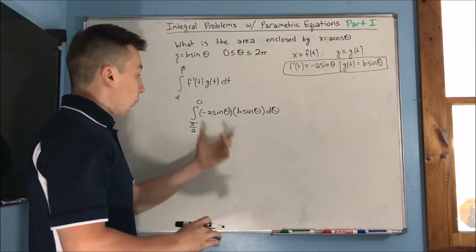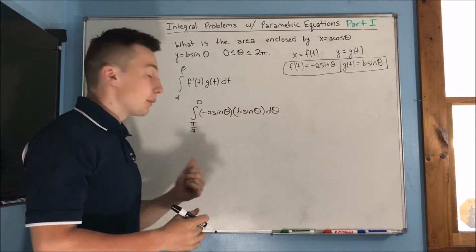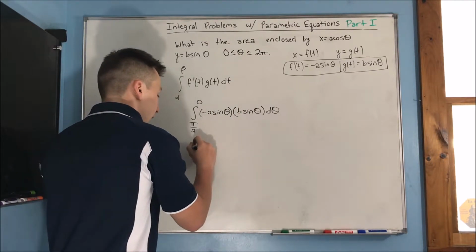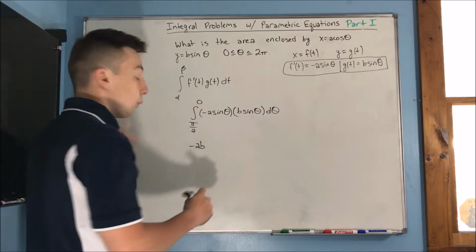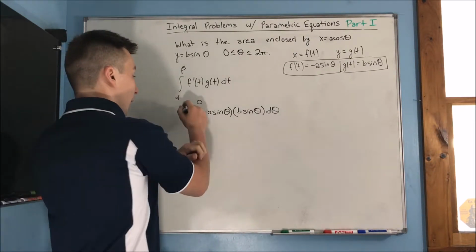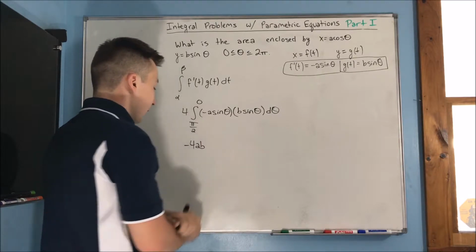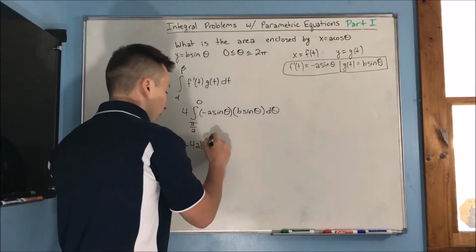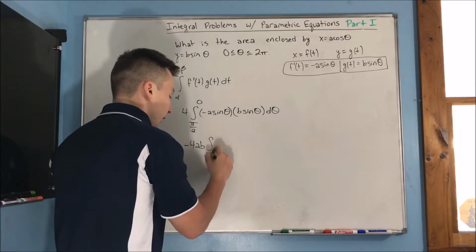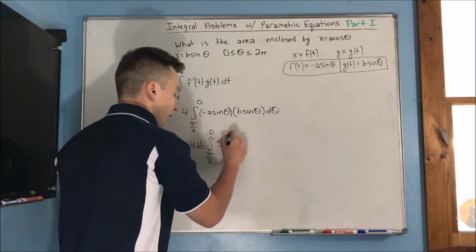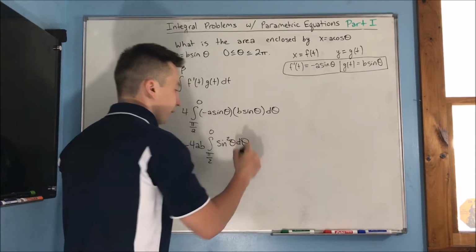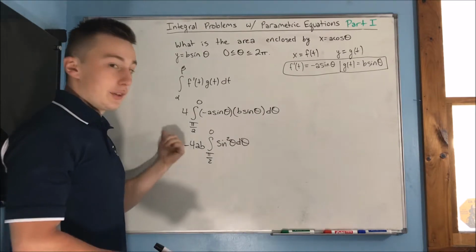We can take out this negative a and this b, so we get a negative ab on the outside. One thing that I forgot, by the way, we have to put that 4 out in front. So we get negative 4ab, and then the integral from pi over 2 to 0 of sine squared theta d theta. Alright, that's a close call with that 4 there.